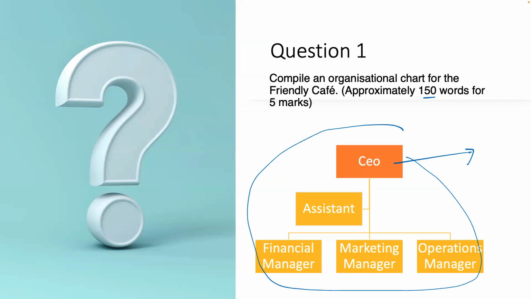So that's question 1, very straightforward. It asks for an organizational chart. My question to you is, anybody can answer, maybe Farron can answer, why is an organizational chart so important in an organization? What does it show?